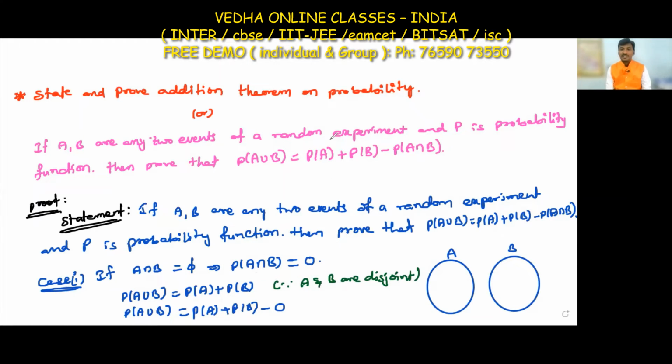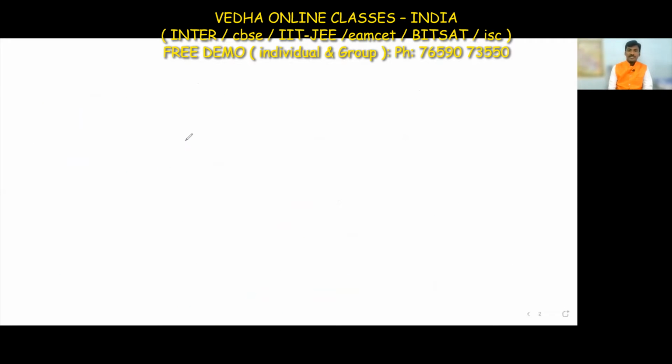So we get probability of A union B is equal to probability of A plus probability of B minus 0, and I am replacing 0 with probability of A intersection B. Why? Because probability of A intersection B is equal to 0.